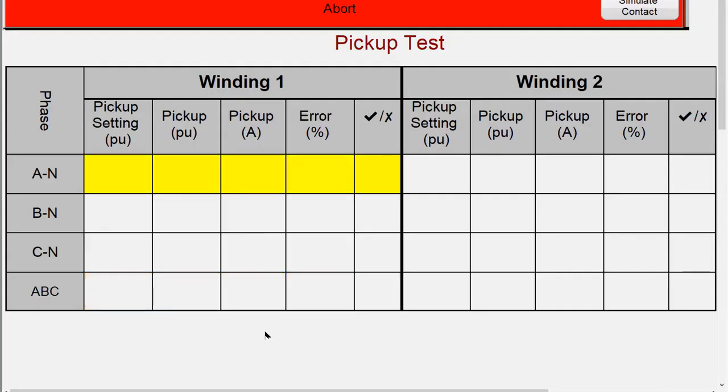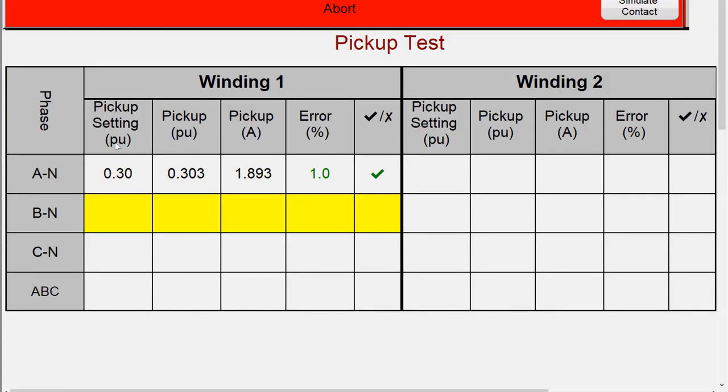Remember, when I was discussing the slope characteristic, I spoke about the restrained pickup value. There was a line before the slope 1 that was called restrained pickup, right? Which is nothing but your 87 pickup value, which is 0.3 per unit. So we are performing the pickup test today for the single phases, I mean all three phases, phase by phase, and also the three phase, for both winding 1 and winding 2.